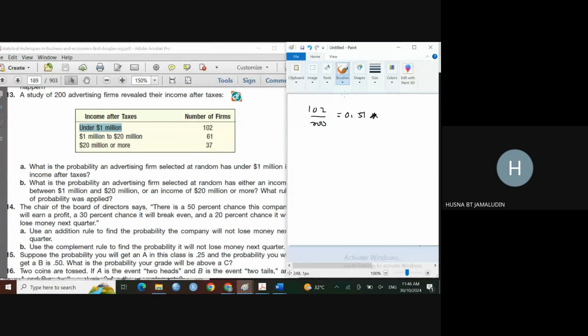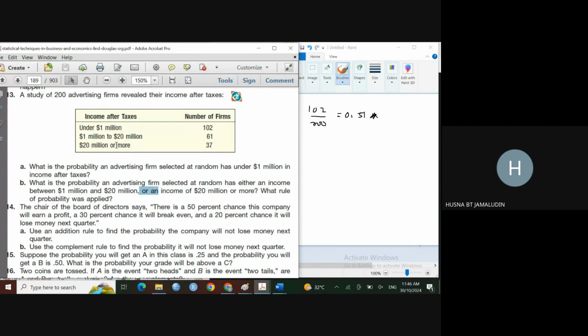So the second question: what is the probability an advertising firm selected at random has an income either within 1 million to 20 million or the other group? This is just like the previous one, either or.